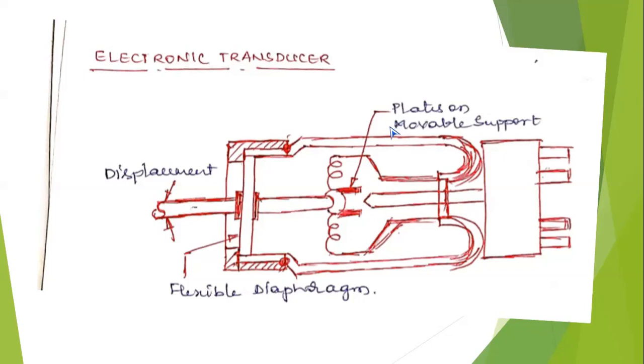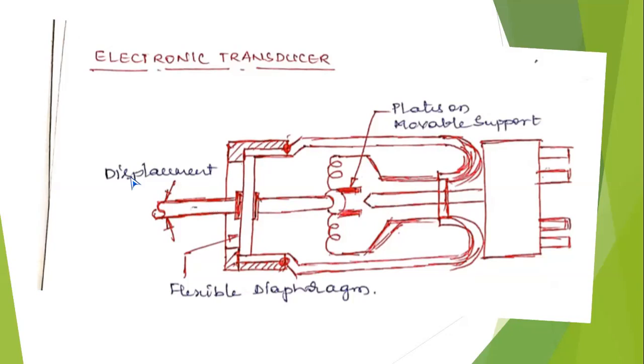One is placed at the center of the rod, and the other is below the rod, and these plates deflect in between. One more rod is placed in between these two plates.